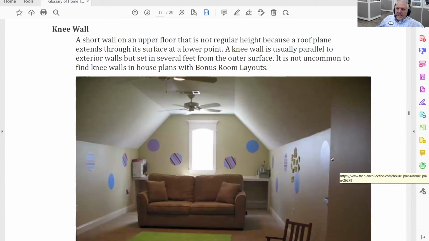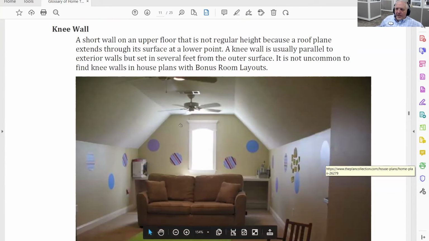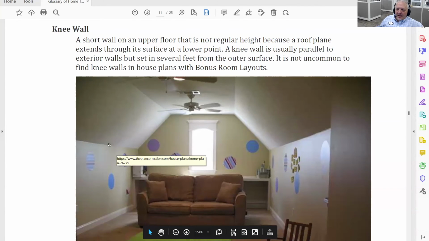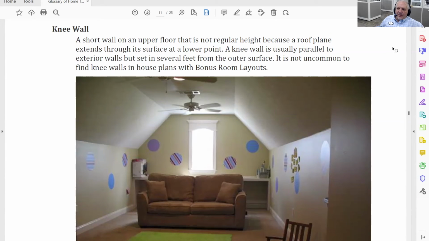All right. Knee wall. How many bonus rooms above garages have you seen like this in Georgia? Hundreds probably. Here, this roof line, this wall is referred to as a knee wall, which is a short wall on an upper floor that is not a regular height because the roof plane extends into it.